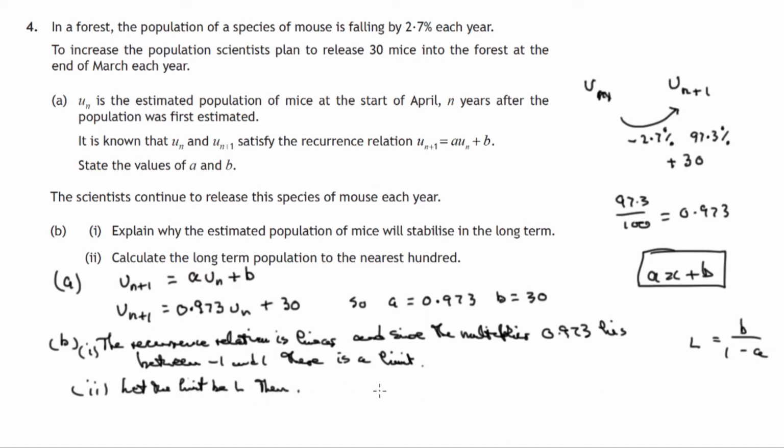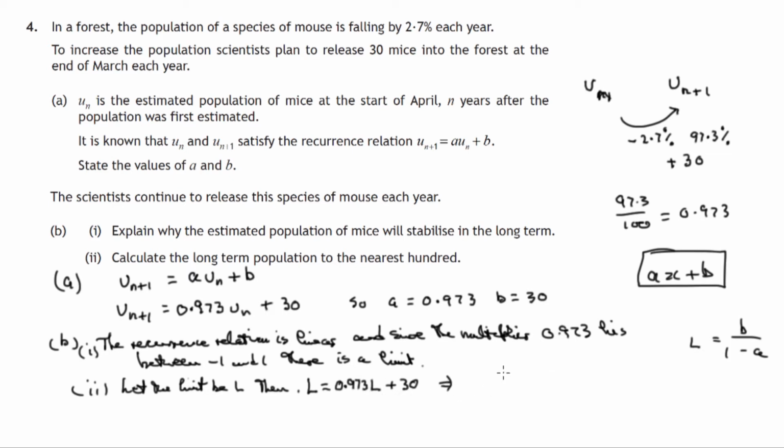If we had actually reached the limit, so 1 year we're looking at a population of L and we're finding 97.3% of that and adding these 30 extra mice to that, and we notice since it is the limit we've reached, that we get exactly the same population. So we have an equation to solve.